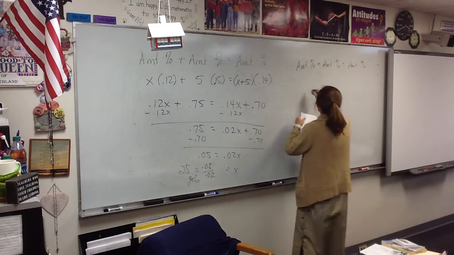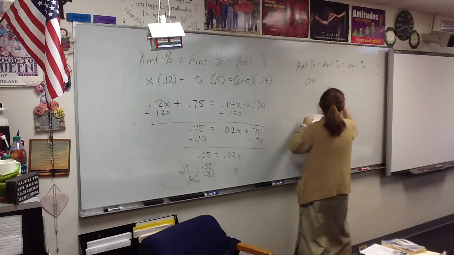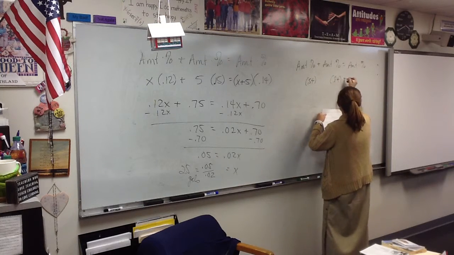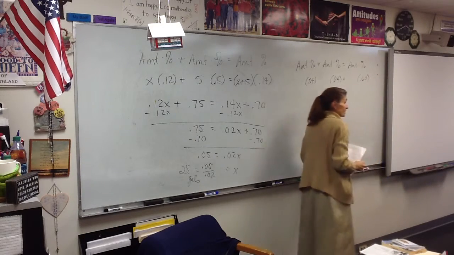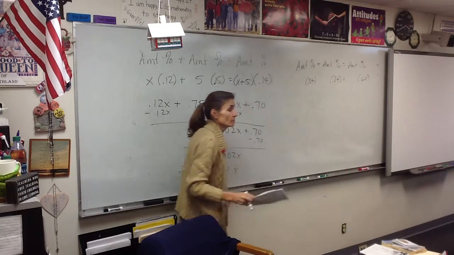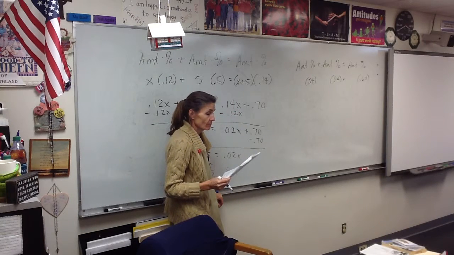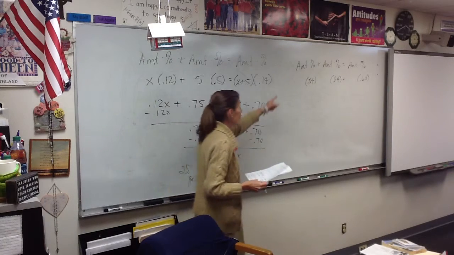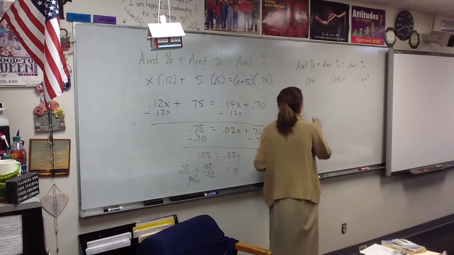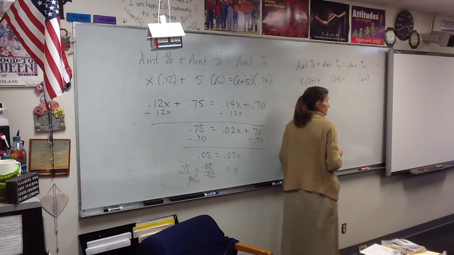All right, so here we go. We've got 54% acid and 84% acid, and we're going to end up with 60% acid. How much 54 do I have? 8. How much 84 do I have?